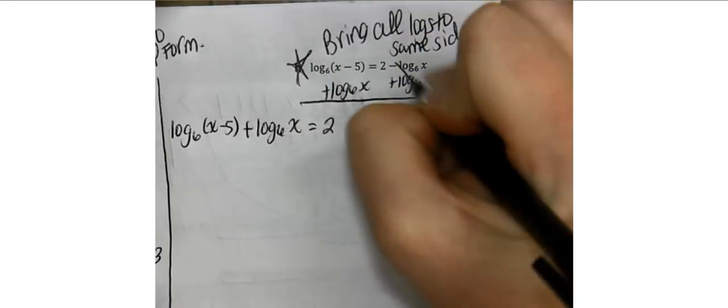And by doing that, I'm now going to have log base 6 of x minus 5 plus log base 6 of x equals 2, because the log base 6 of x would cancel out. Now, at this point, since I have two logs on the same side, I'm going to condense the logs.